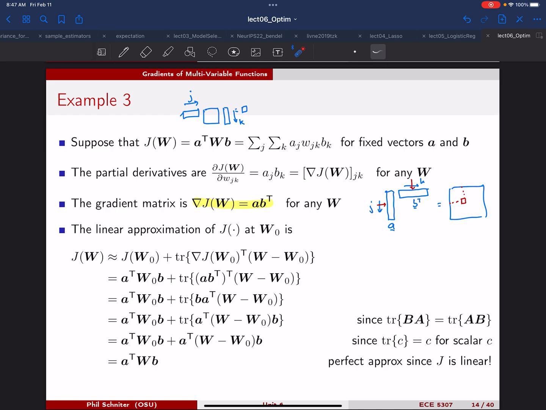Okay, so the next step is one of the really cool properties of the trace. It's one of the main reasons why we like to use it if we can. If you have a product of two terms in your trace, you can swap their order. As we know with matrices, in general, they're not commutative.